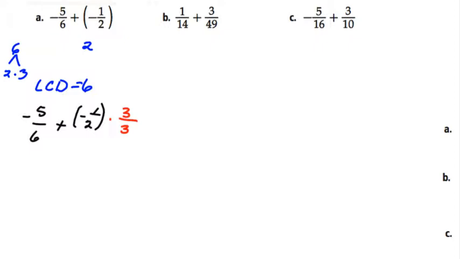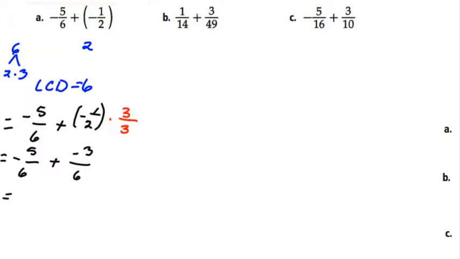So my new fraction becomes, I'm going to rewrite the first one, negative 5/6 plus, now 1 times 3 is 3, and I'm going to put my negative with the 3 on the top, negative 3. The bottom number now, 2 times 3 is 6. So now we have like denominators, right? I should be putting equal signs, I guess, out here.